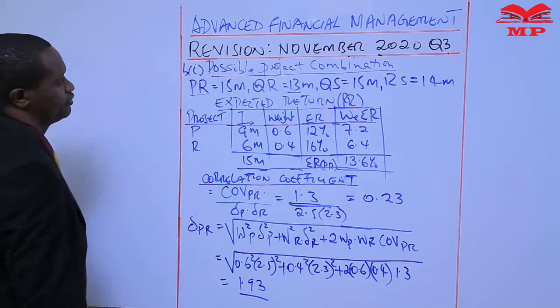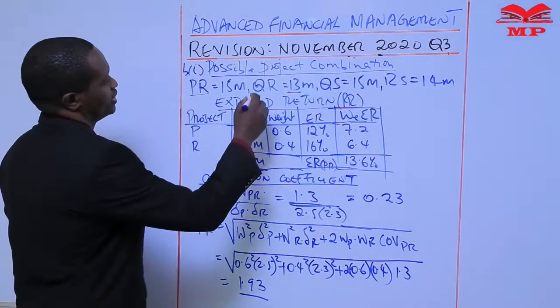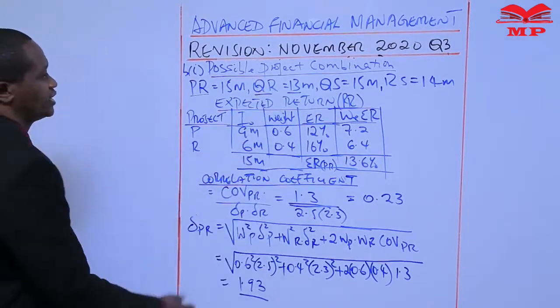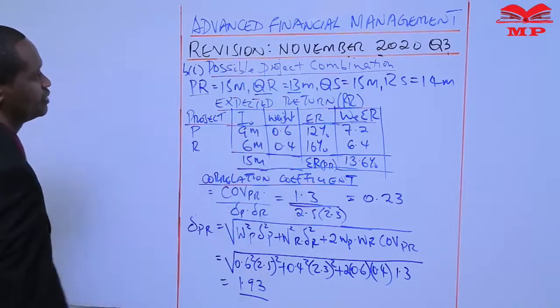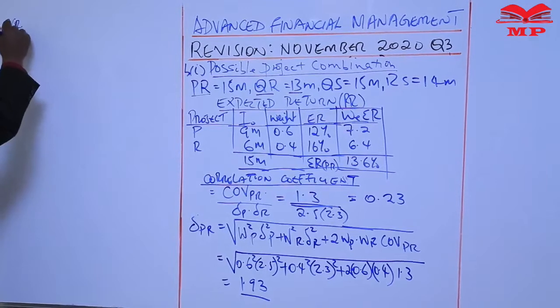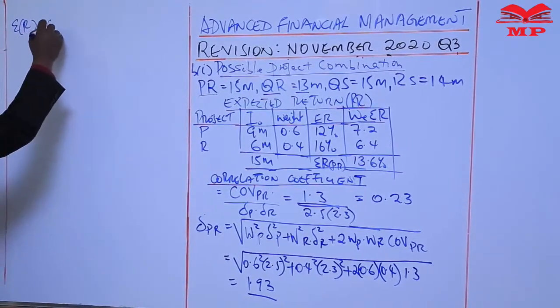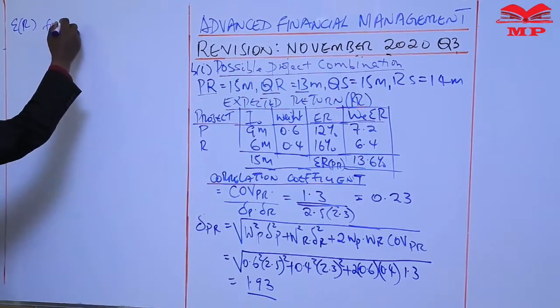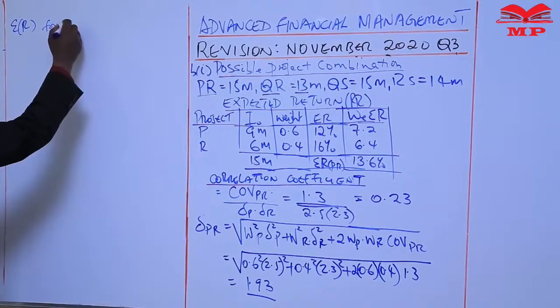We will do the same for combination QR. We will first calculate the expected return for combination QR.